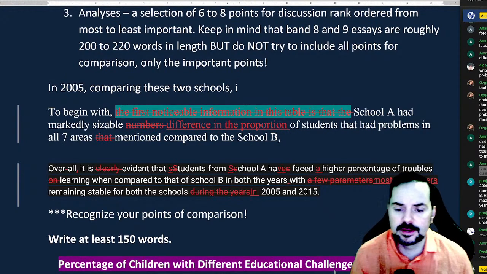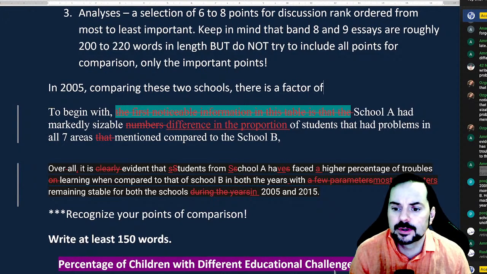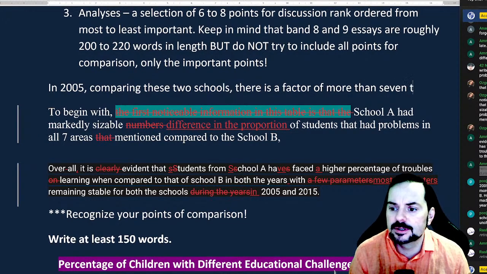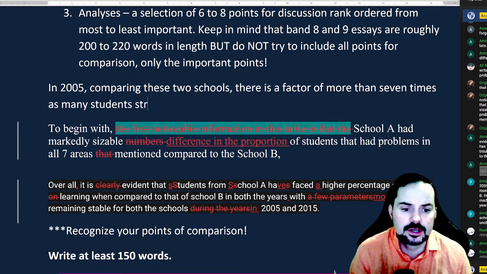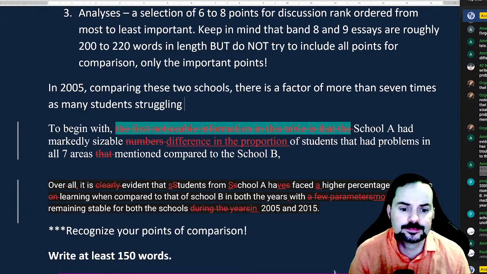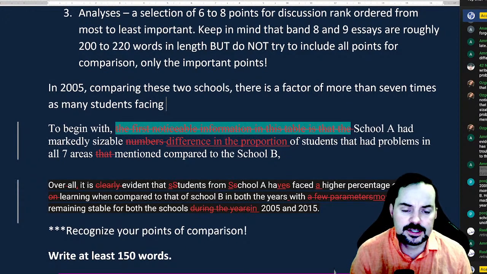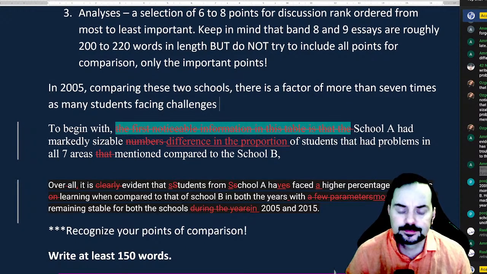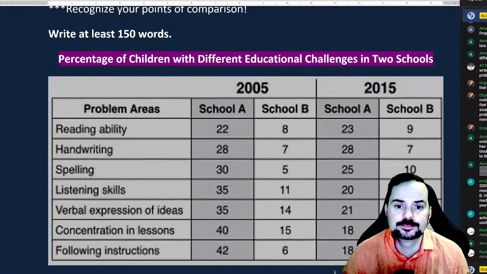So in 2005, comparing these two schools, there is a factor of more than 7 times as many students struggling or facing challenges, because I've used struggling, facing challenges, following instructions, right?